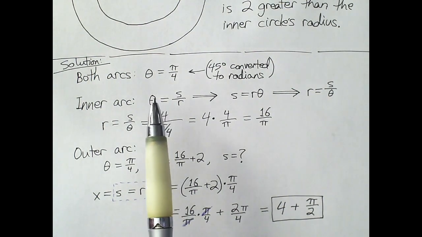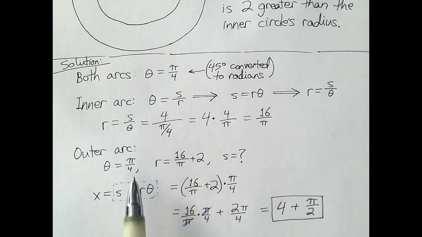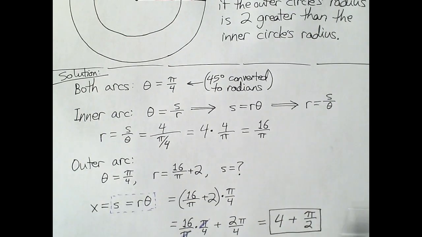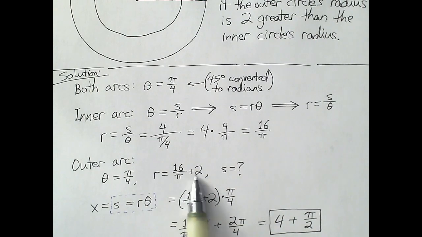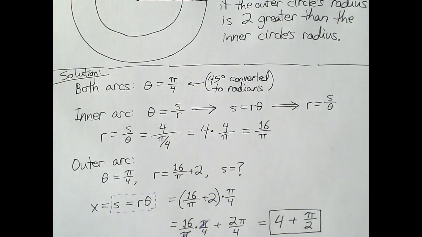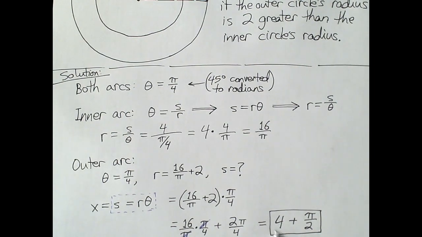It used it twice, once for the inner arc and once for the outer arc. And I think that what really helped was finding the radius of the inner circle so that we could just add 2 to it. So, cool problem. I like it. The answer that we got is 4 plus a little bit more.